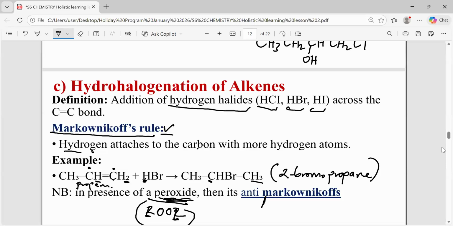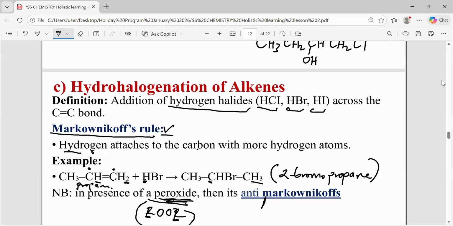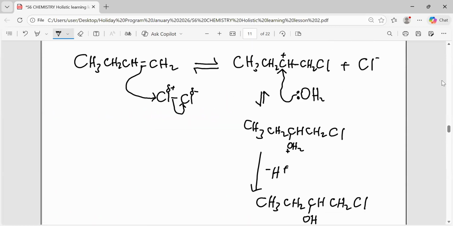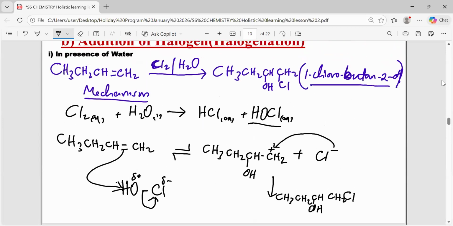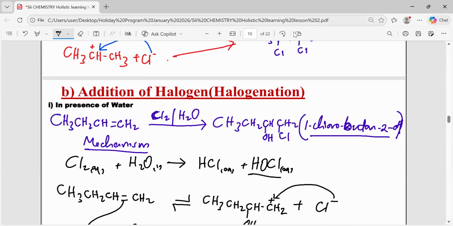If we are adding chlorine to this compound here, the one which is having more, we give it first; the one which is having less comes later. So that we don't confuse ourselves on whether I have applied Markovnikov's or not.